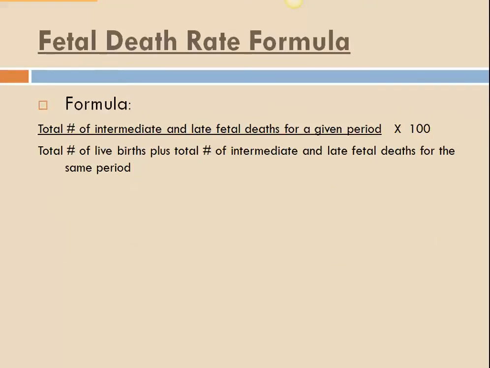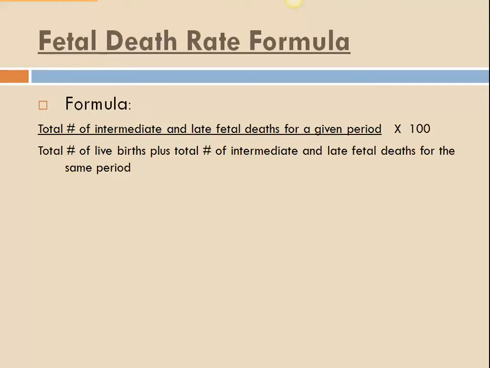Okay, so the formula for the fetal death rate is your total number of intermediate and late fetal deaths for a given period. So if you were given information in a problem, you would have to take out the early fetal deaths, because your numerator for this formula includes intermediate and late fetal deaths for a given period, divided by the total number of live births plus the total number of intermediate and late fetal deaths for the same period, times 100. Now let's kind of make sense out of this formula.